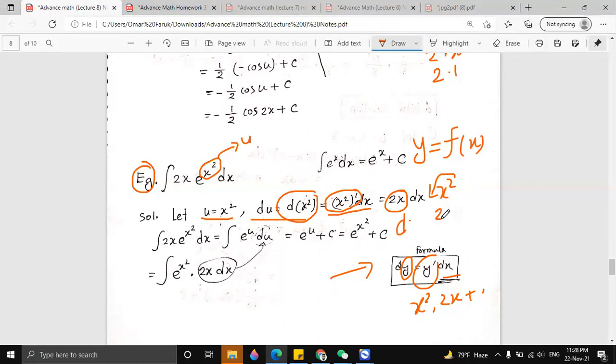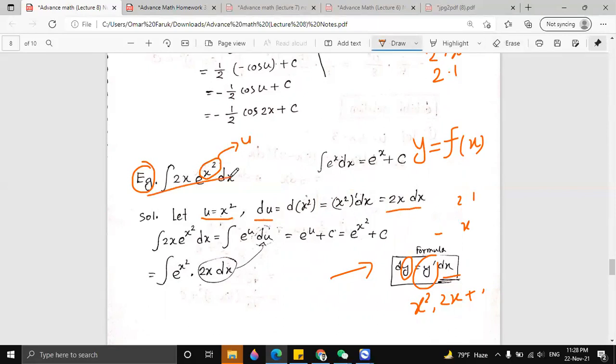So it will be 2x to the power 2 minus 1, that means 2x to the power 1, or 2x. So this is 2x dx. So we got du is equal to 2x dx.